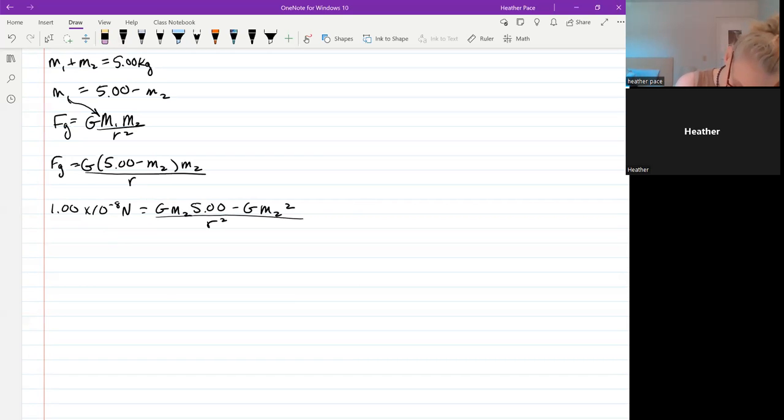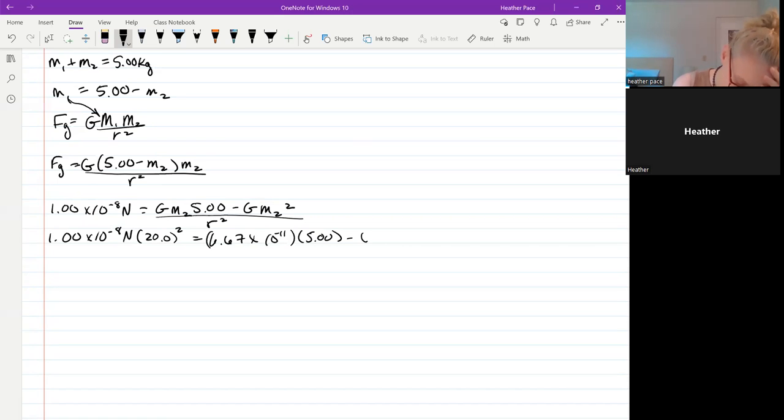That's not R2, that's R squared, sorry. So we're going to shove the R over here, and that's 20 squared. G is 6.674 times 10 to the negative 11. Going to kind of skip straightening out our units here. Minus 6.674 times 10 to the negative 11 times M2 squared.